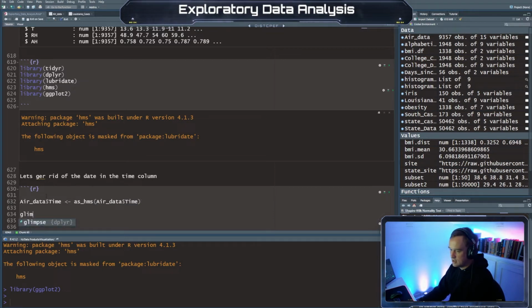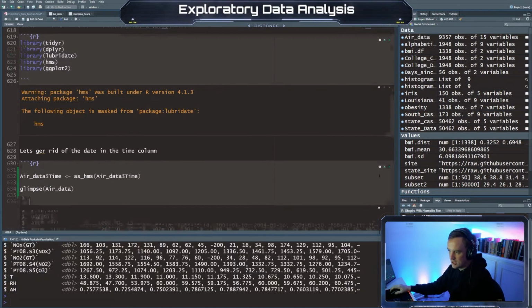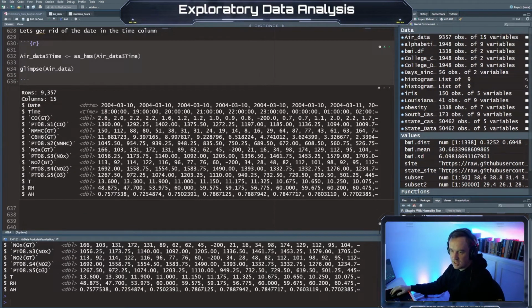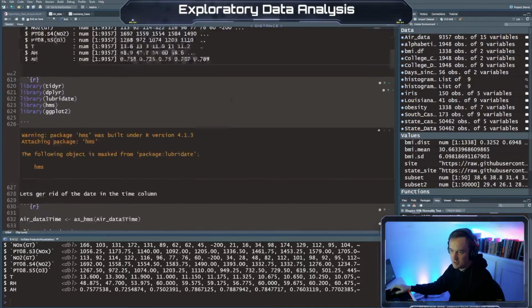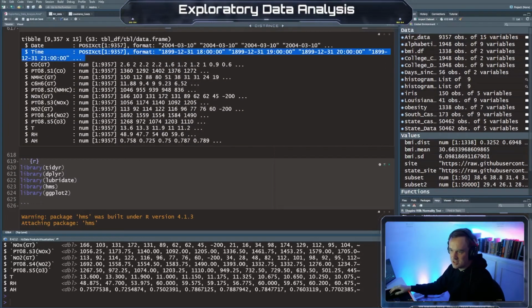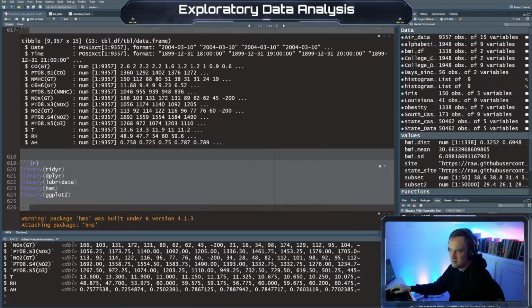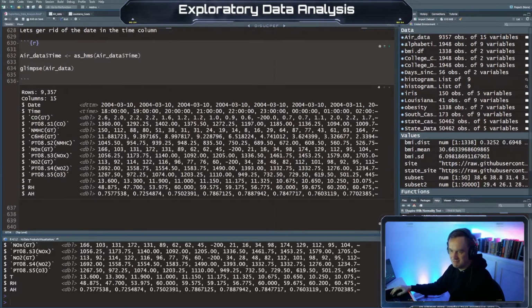Now let's take a glimpse of air data. Remember, glimpse is just another way to look at it. Okay, so now you see that our time is an actual time, and it got rid of these numbers that are all the same. I don't know what they mean, so we got rid of them. So we're keeping the date 3/10/2004, excuse me, and then we added time.